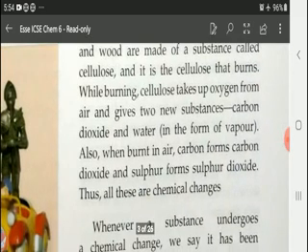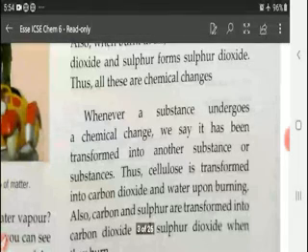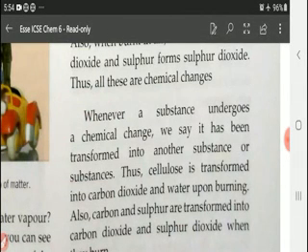Also, when burned in air, carbon forms carbon dioxide and sulfur forms sulfur dioxide. Here we can see the chemical changes. The substances are changing into other substances. Whenever a substance undergoes a chemical change, we say it has been transformed into another substance or substances.